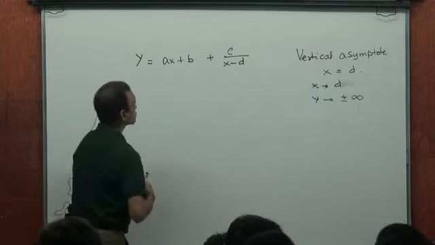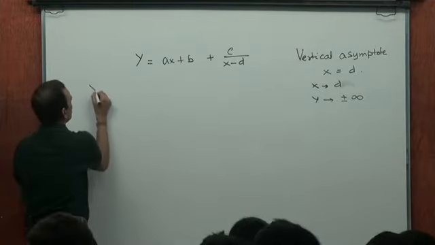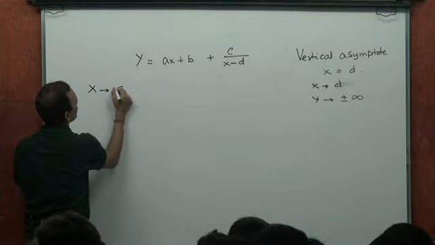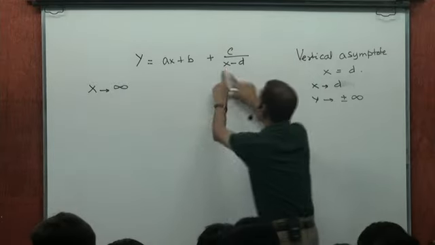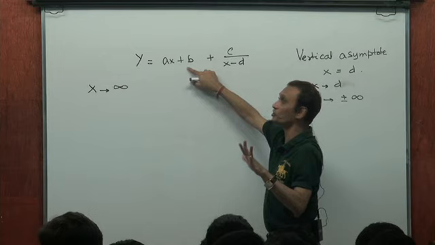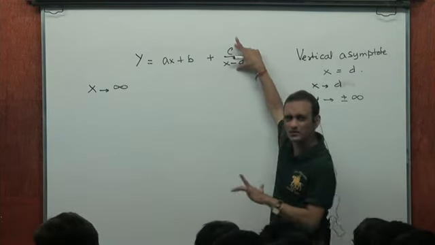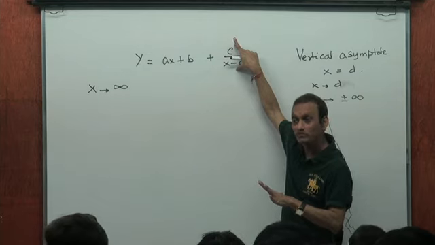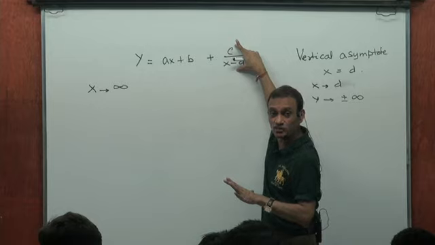Now, also realize that if x is very far away from the origin, as x tends to infinity, that means as this becomes larger and larger, then the curve comes closer and closer to this straight line. Do you realize that? Because c by (x minus d) becomes smaller and smaller as x tends to infinity.